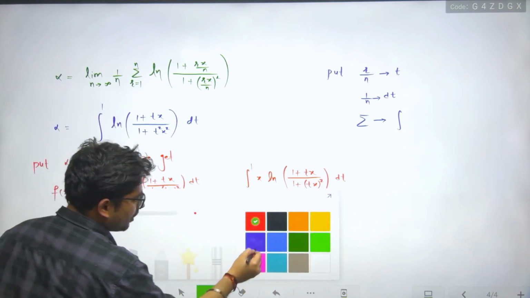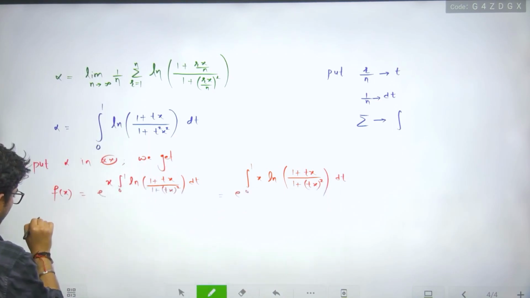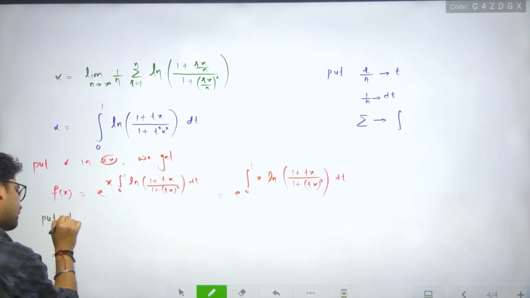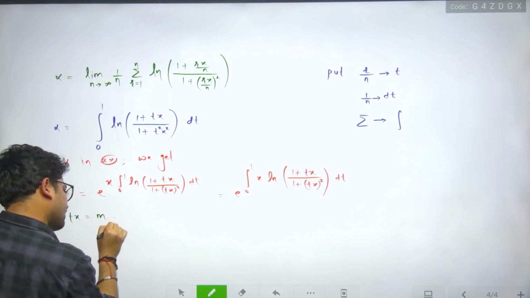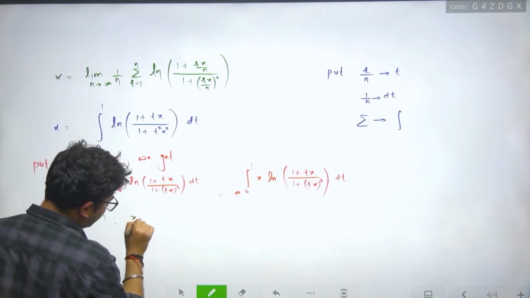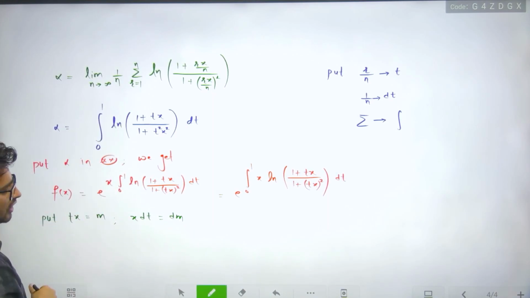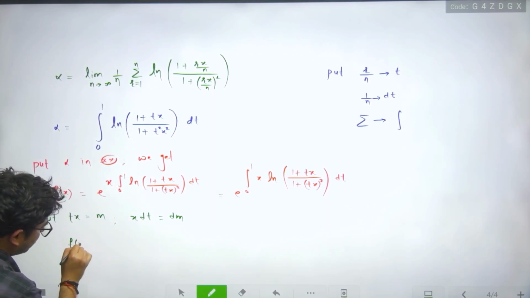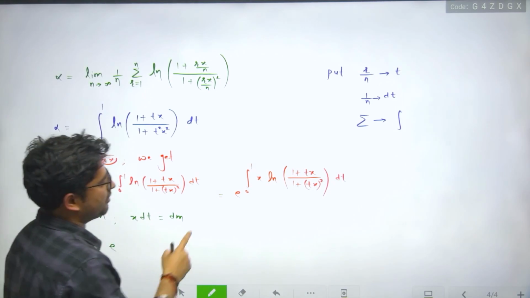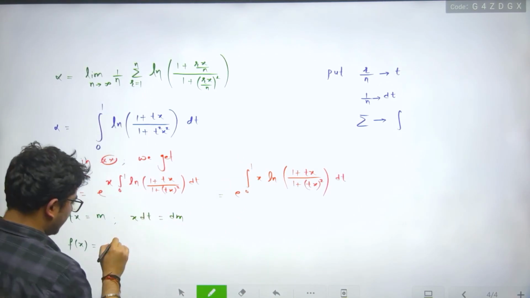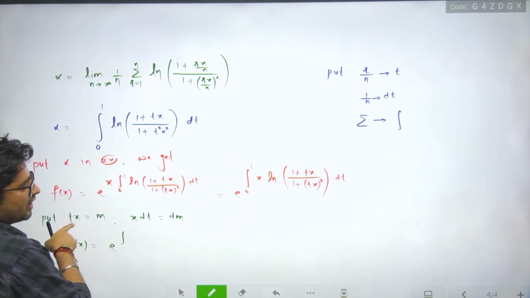Now put tx equal to some m. So x dt is equal to dm. When t is 0, m is also 0, so the lower limit is 0.